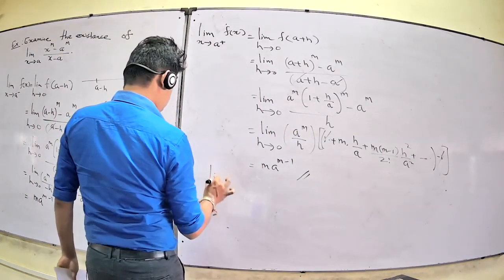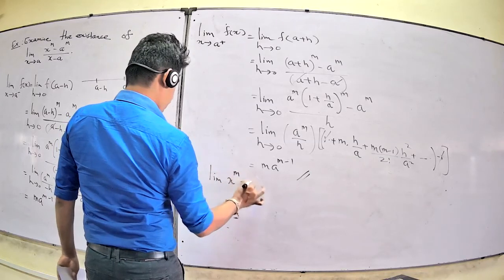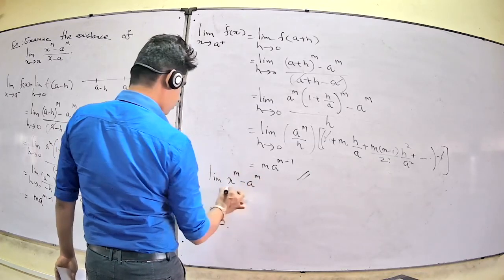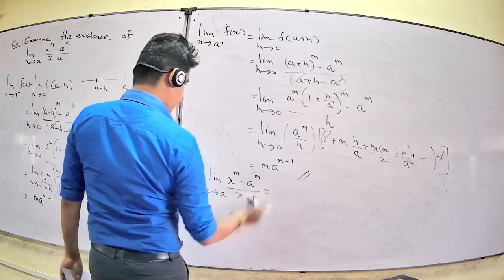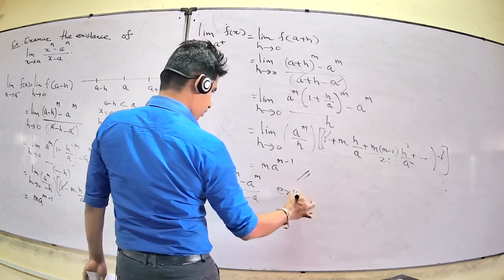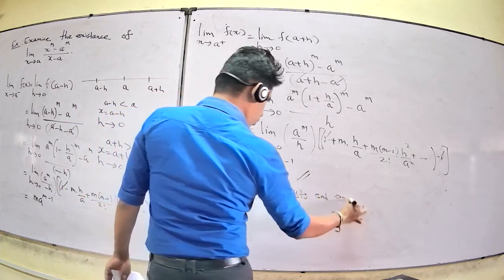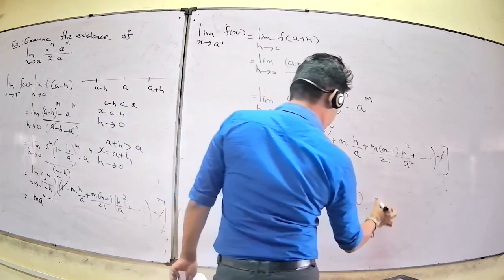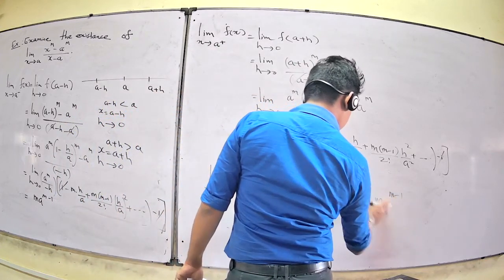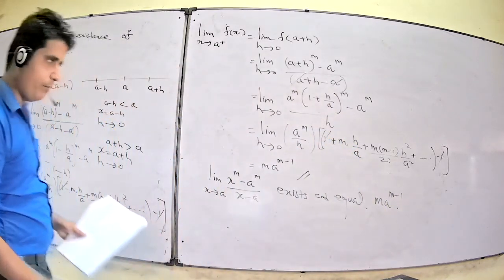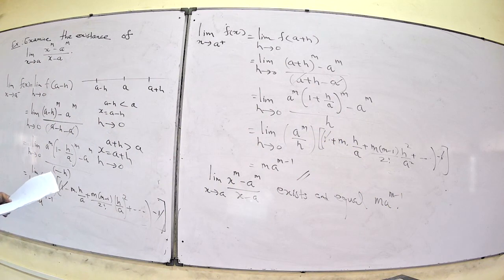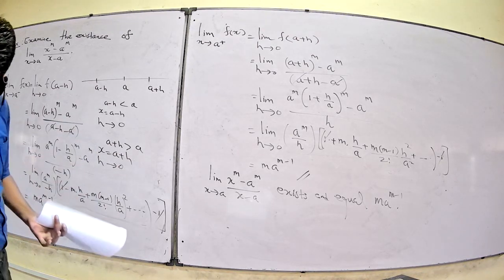That is, the limit of x to the power m minus a to the power m over x minus a, as x tends to a, exists and equals m a to the power m minus 1.